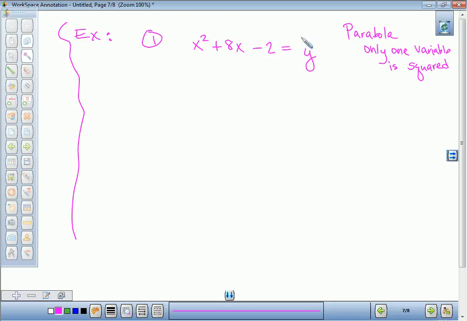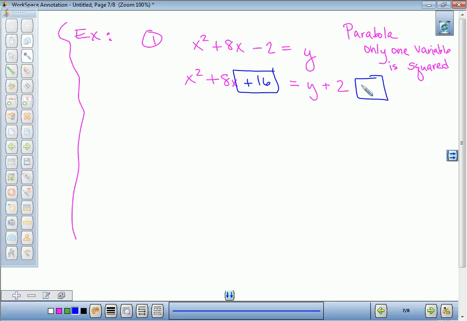So we're going to move this number over. Move the constant over. Same exact stuff. And this time we have to complete the square for the x because it's the squared one. So you take half and square it, just like every other conic.